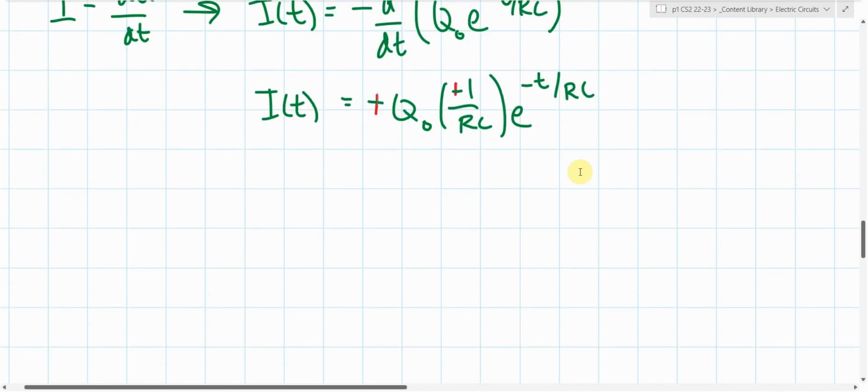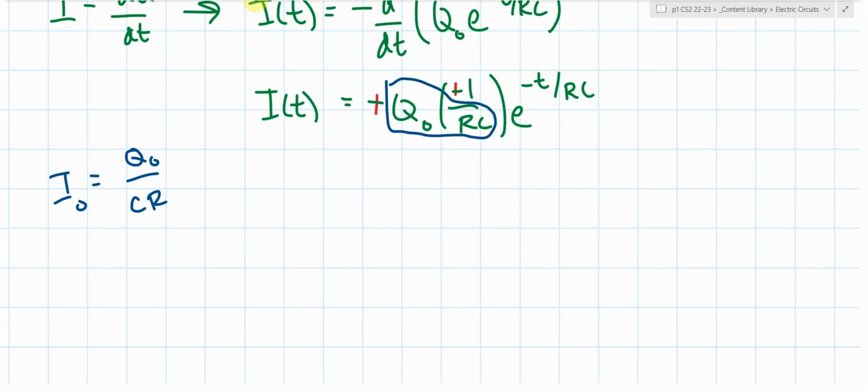We had I naught equals Q naught over CR. So I can replace all of that with just I naught.